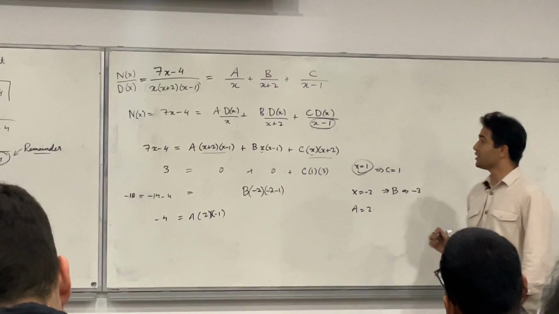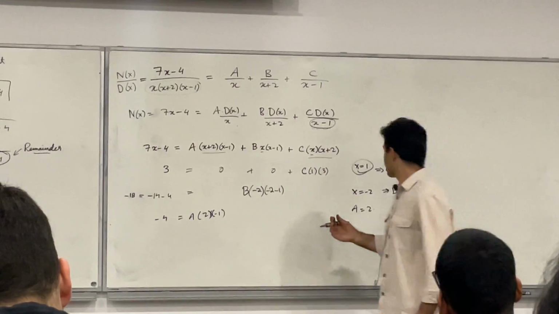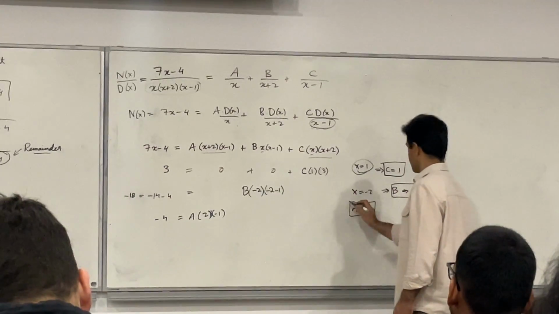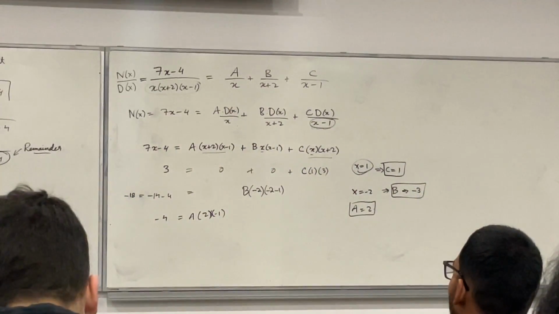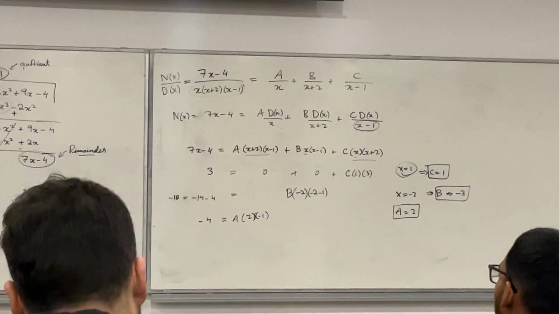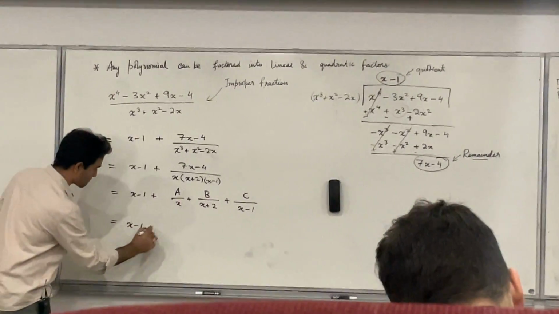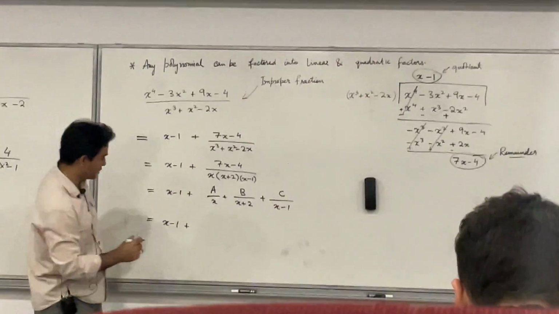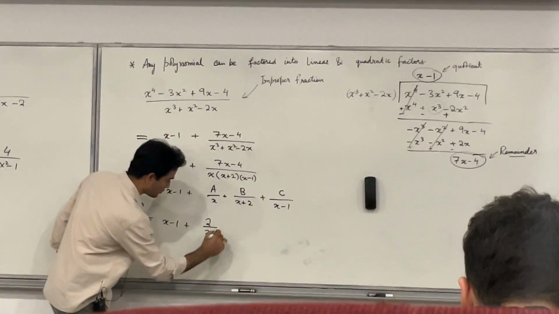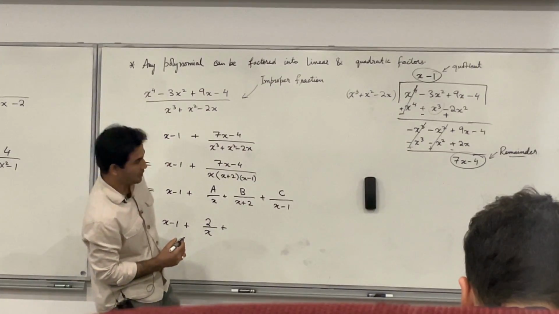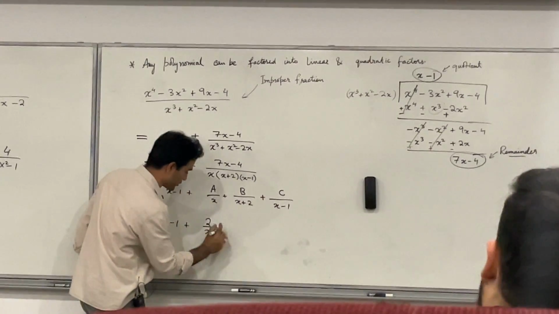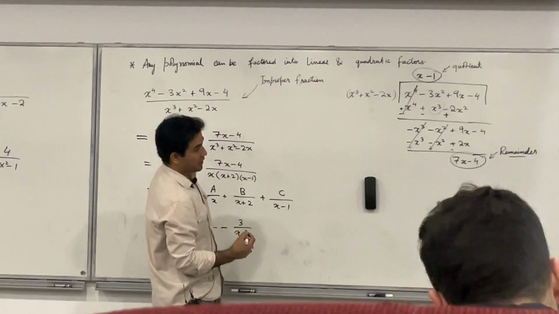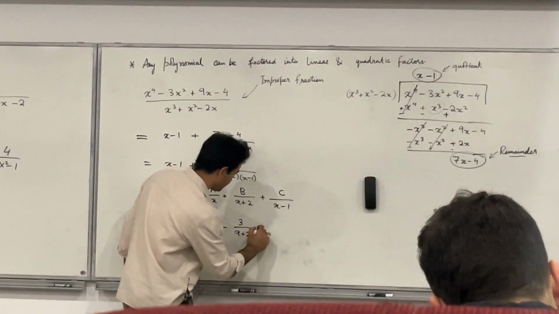So the moral of the story is that once you've found these three numbers, you can plug them into the expression. So we have A, which is 2. We have B, which is minus 3, so I'll write minus 3 over x plus 2. And we have C, which is 1.